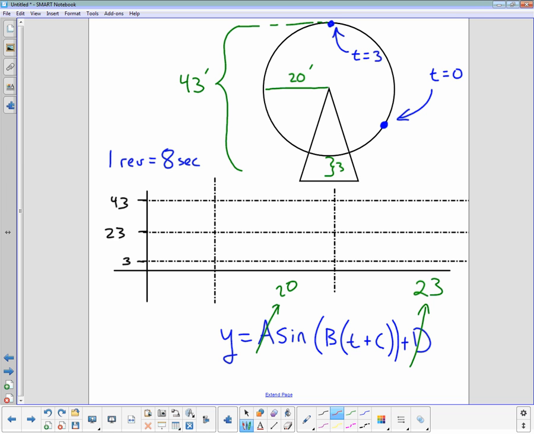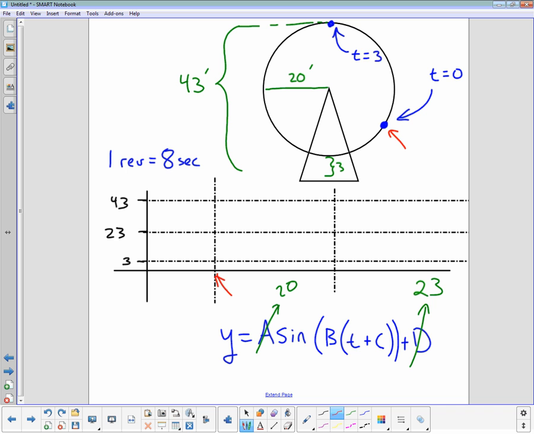What should I call the beginning of my box? Where should I put at the beginning of my box? What is this x value, or in this case, t value, the beginning of a wave? Well, at time 0, I started off at this oddball angle.